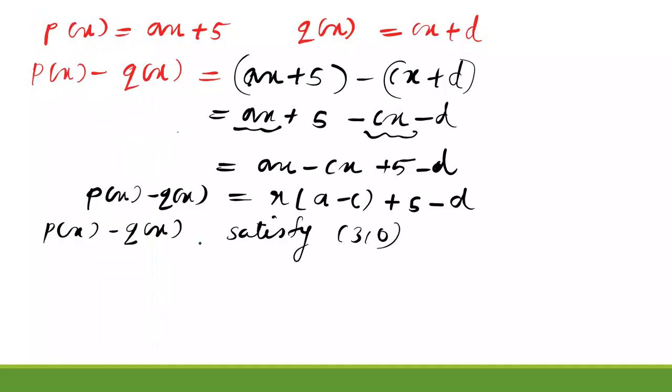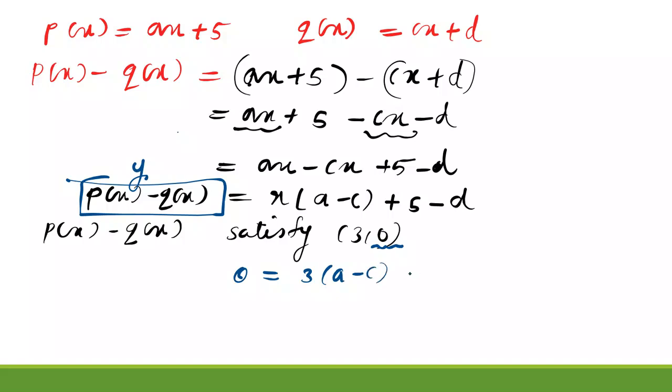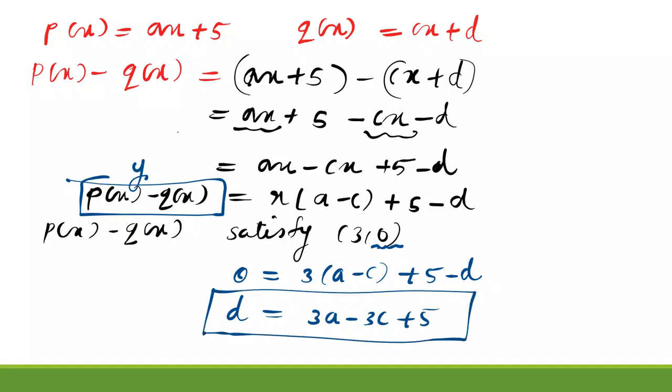So 0 is equal to 3 into (a minus c) plus 5 minus d. Taking d to the left-hand side, I get d is equal to 3a minus 3c plus 5. Understood? I got d is equal to 3a minus 3c plus 5.